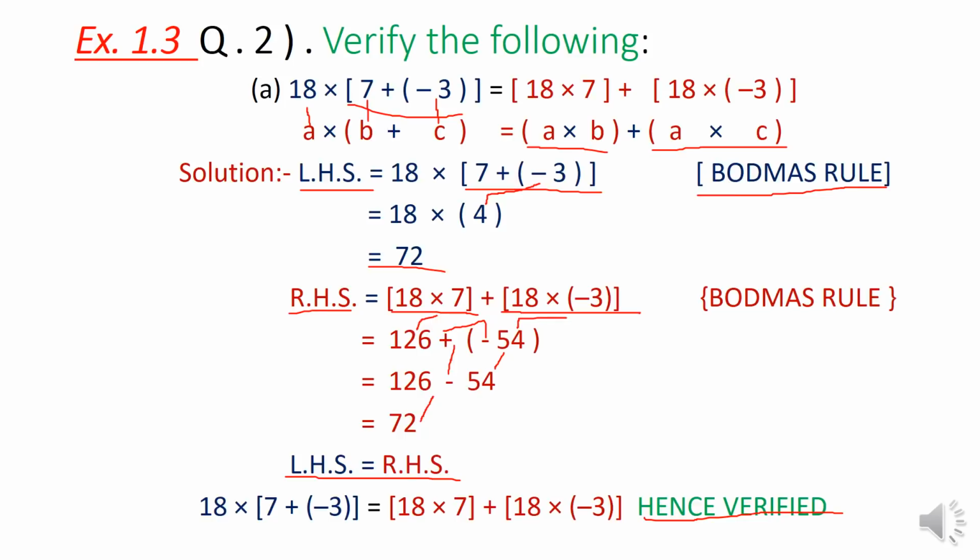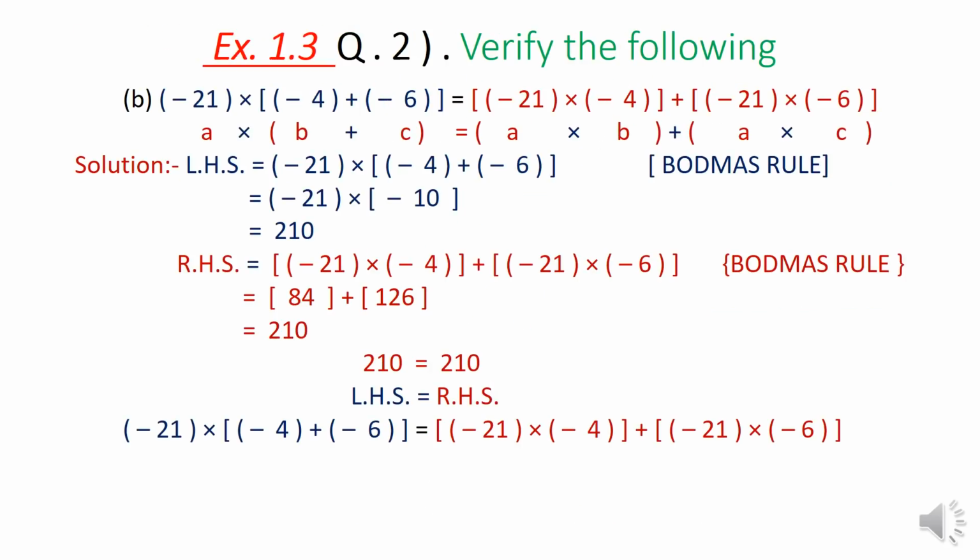Now let us see the next question from exercise 1.3, question number 2. Verify the following. Here we are now considering its B option. Minus 21 multiplied by the bracket minus 4 plus minus 6, bracket complete, equals minus 21 multiplied by minus 4, first bracket, and minus 21 multiplied by minus 6, this is the second bracket.